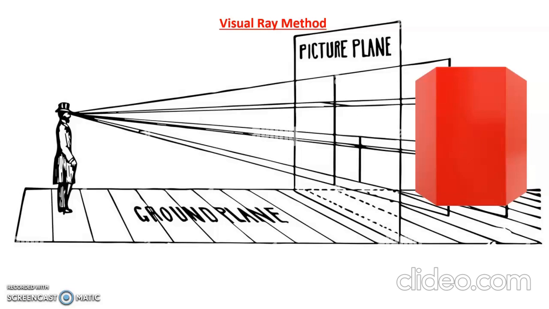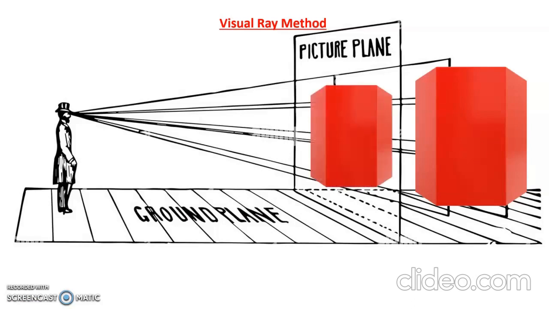In the picture plane we get the image of the object, which is smaller than the original object. So in this picture plane we get a shrunk image. That is what we are going to draw, using the visual ray method.